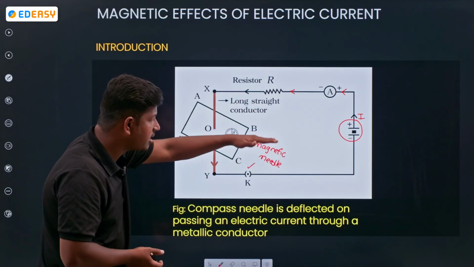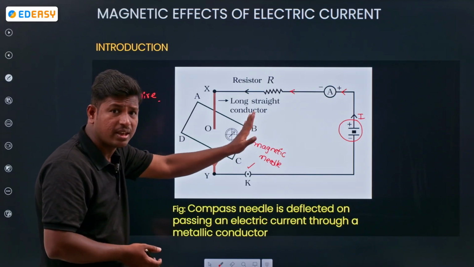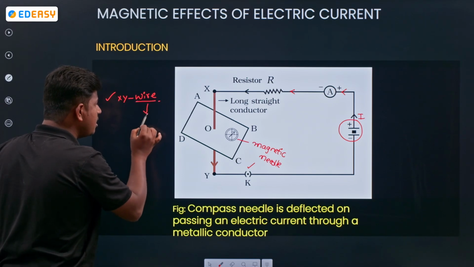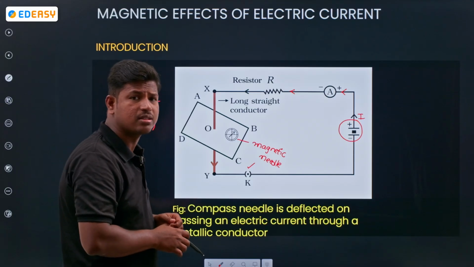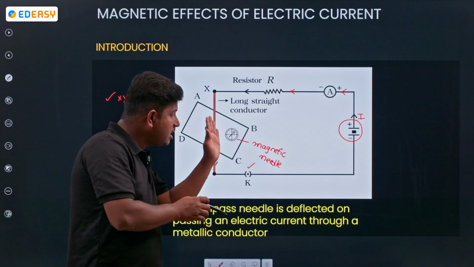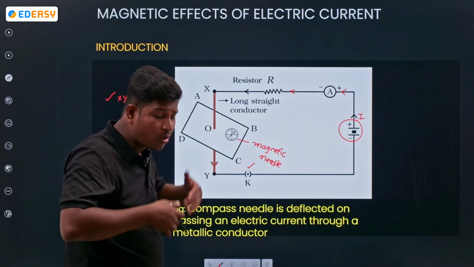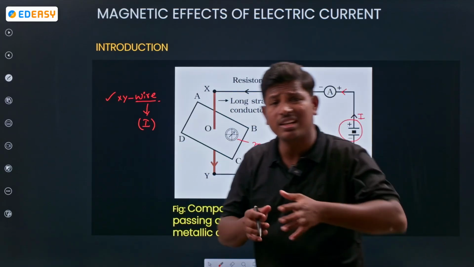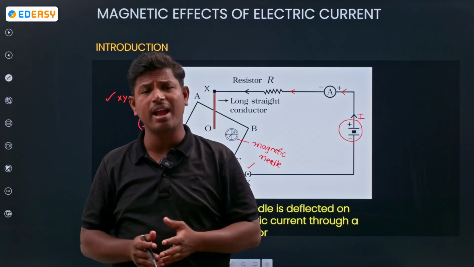So the magnetic needle shows some deflections whenever current passes through a wire. When current passes through a wire and you place a magnetic compass, the compass shows deflections. Why does it show deflections in a magnetic compass? Is there any relation between magnet and electricity?